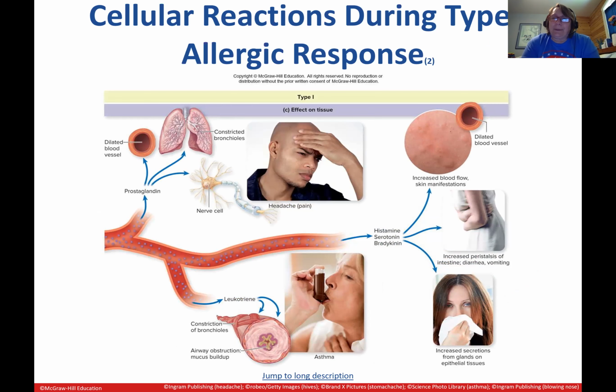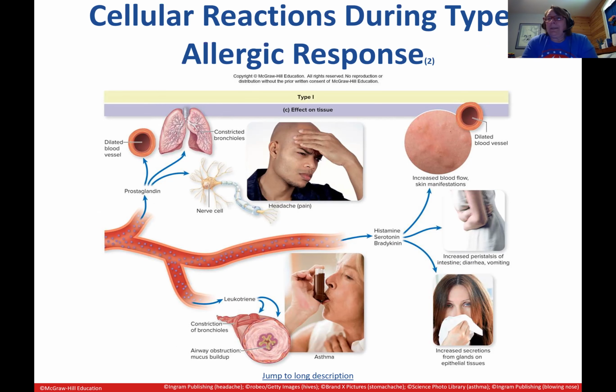Dilated blood vessels are implicated in a lot of headaches, particularly migraines. And so often a headache, at least, and sometimes up into a migraine type of a headache, are a side effect of allergic responses. Again, you're going to get that swollen tissue because of all of those leaky blood vessels.